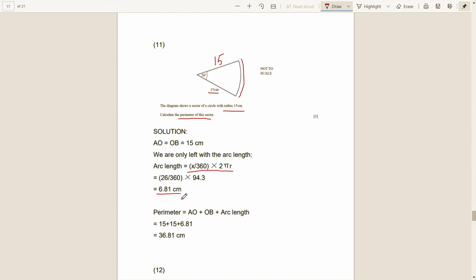You get 6.81 to be this arc length. Now perimeter is the addition of the lengths of the boundaries. This is 15 plus 6.81 plus 15. You get 36.81 to be the perimeter. I hope it's clear.